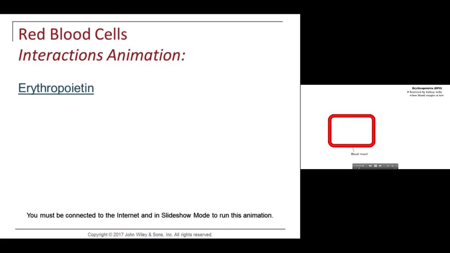Production of erythropoietin, or EPO, is part of hormonal regulation of blood oxygen. Low blood oxygen stimulates kidney cells to secrete EPO.